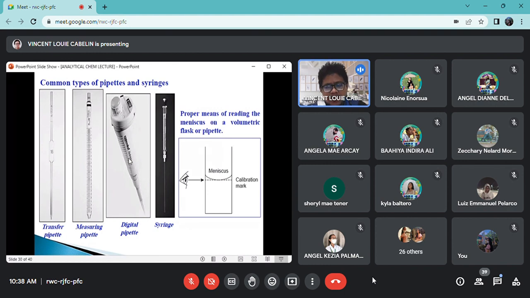Okay, another basic technique that I hope you are already familiar with is how to properly read your volume when you're using glasswares. Obviously you measure it at the lower meniscus. So the proper means of reading the meniscus on a volumetric flask or pipette is you measure it at the lower meniscus.